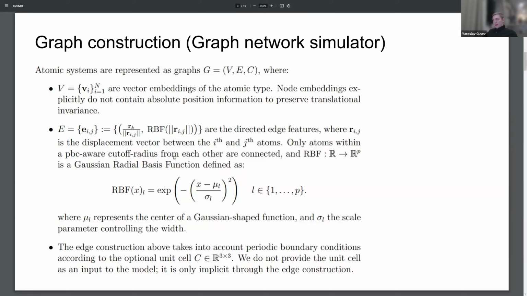They consider different Gaussians that they evaluate as a function of the distance between two atoms. And those parameters of the Gaussians are somehow chosen, and as far as I understand, they do not train them.